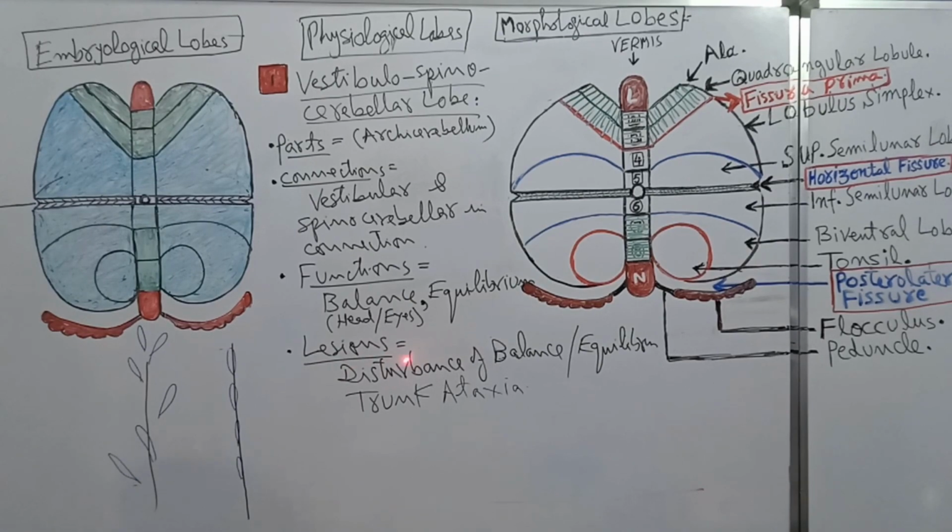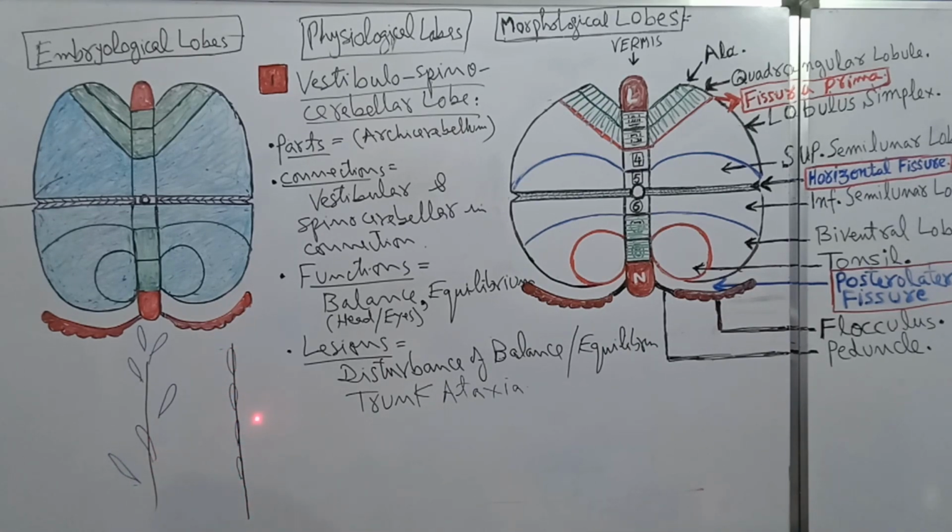And when there is a lesion of this lobe, the balance and equilibrium will be disturbed, and the patient will not walk on a straight line. For example, passing through a street, he will stumble on this side and on this side, unable to walk straight. And how will you test? You will draw a straight line and ask the patient to walk over this line.